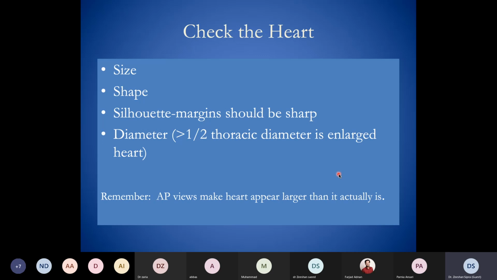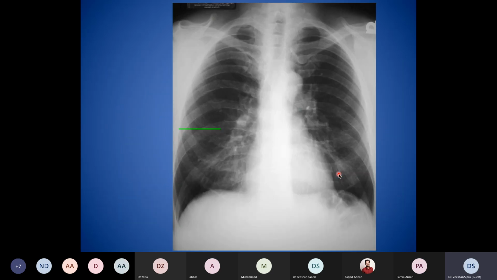Regarding silhouette, going back, what is silhouette? Silhouette is actually appreciation of a border. When we see a border, this is a silhouette. Silhouette is an overlap of two materials of different density.